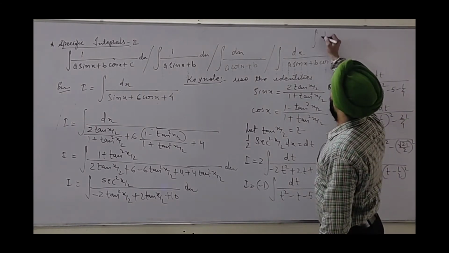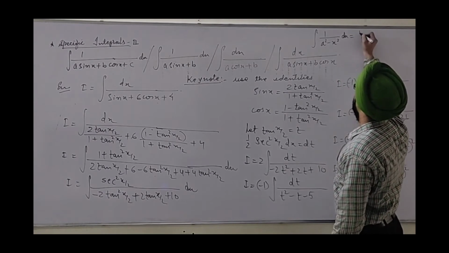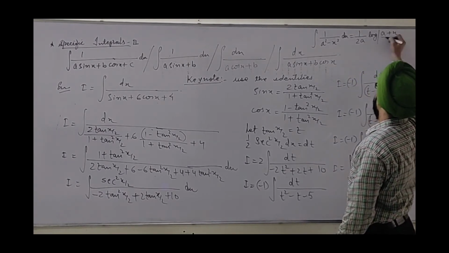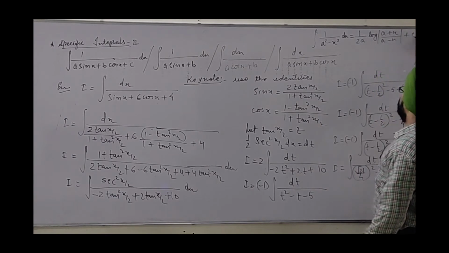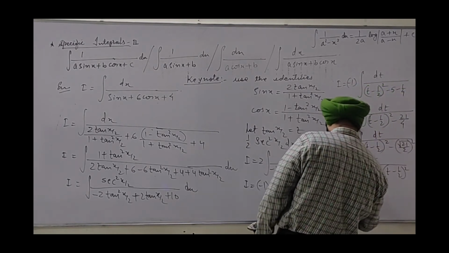Integration of 1 upon a square minus x square is given as 1 upon 2a log of a plus x upon a minus x plus c. This formula will apply here, and as I have made it a linear polynomial, it is directly applicable.